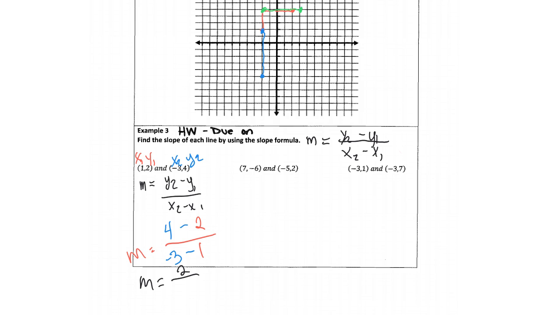What is -3 minus 1? Hopefully you said -4. And can I simplify 2 and 4? Hopefully you said yes. I can make it -1/2. So this is my slope, -1/2. You just plug it into this formula, and remember that this m value means your slope. So that's why we can use this formula. All right, try those other two for homework tonight.